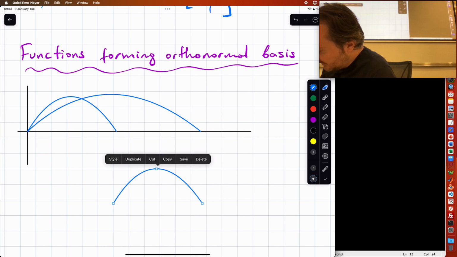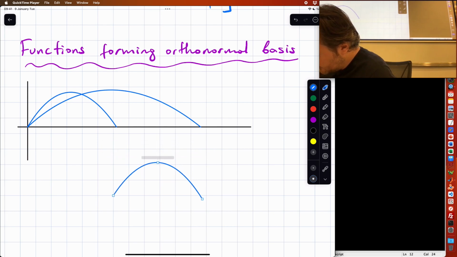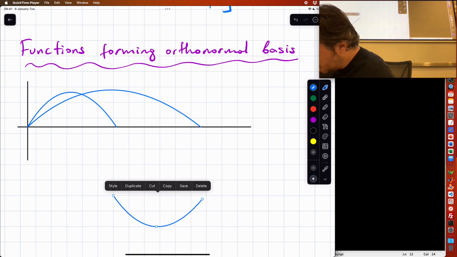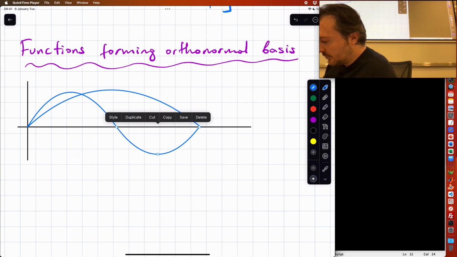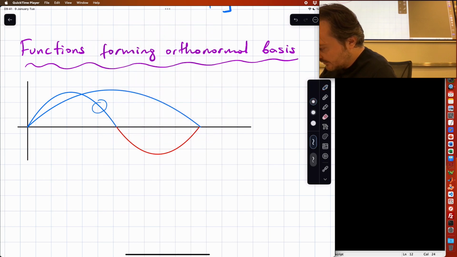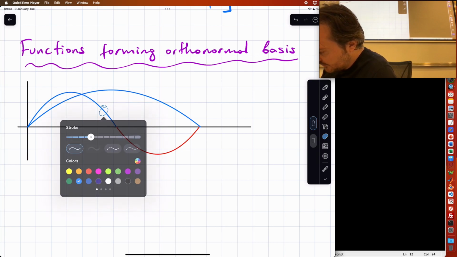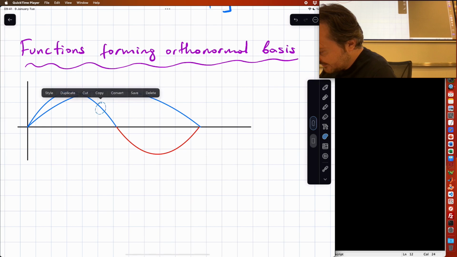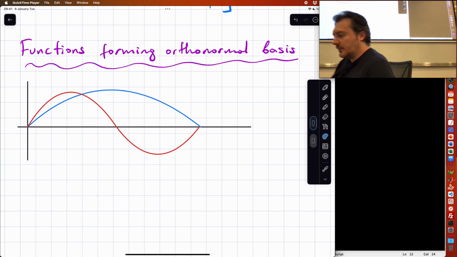Can I actually rotate it? Sorry. Or take it down like this, maybe. I want this to look pretty, so just give me time. Style. Yes.